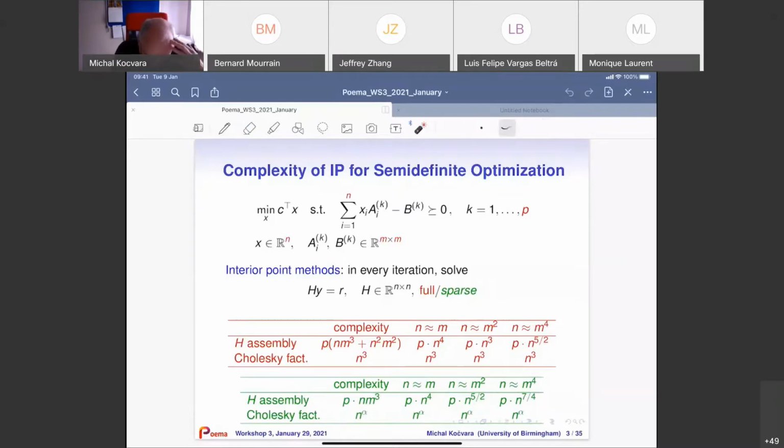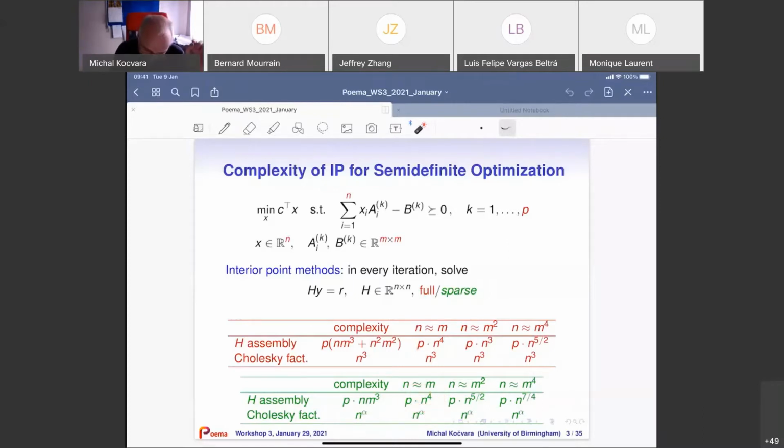And then for the complexity of the Schur complement assembly, we don't have this dominating factor anymore. Still, if n is about the same size as m, then we still have this huge complexity, which is now much more costly than the Cholesky factorization for sparse matrices.